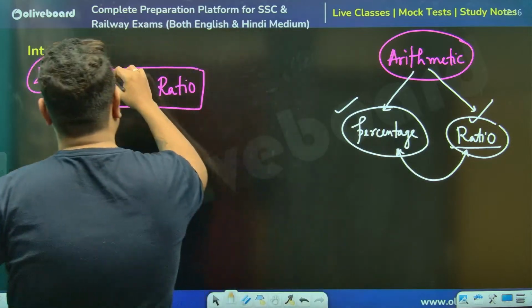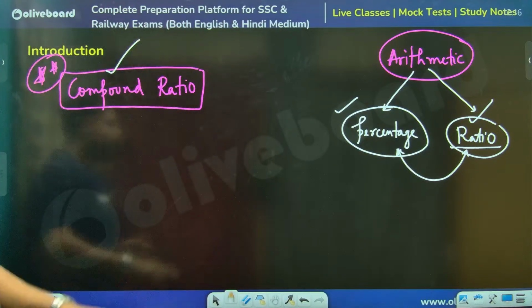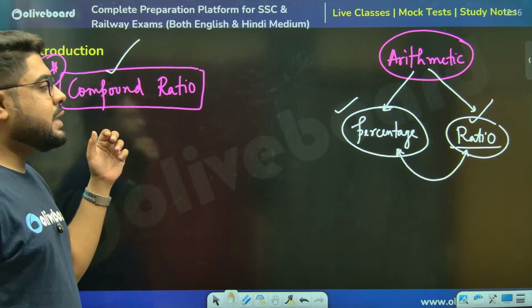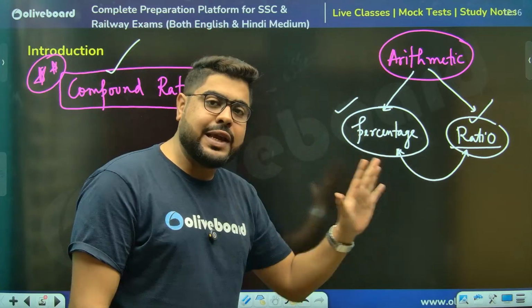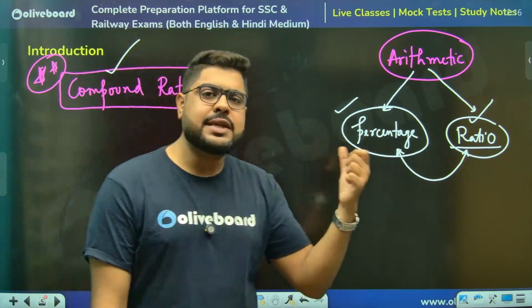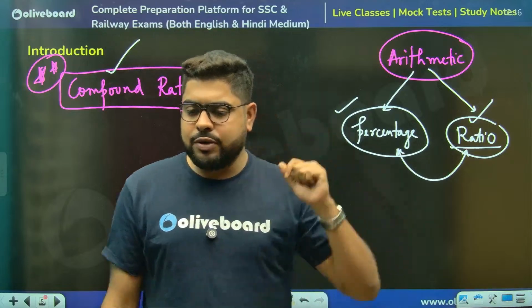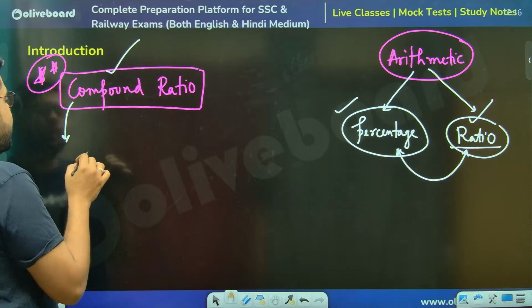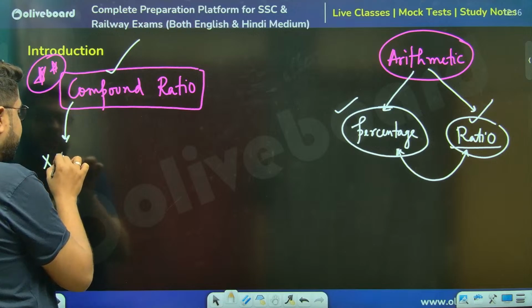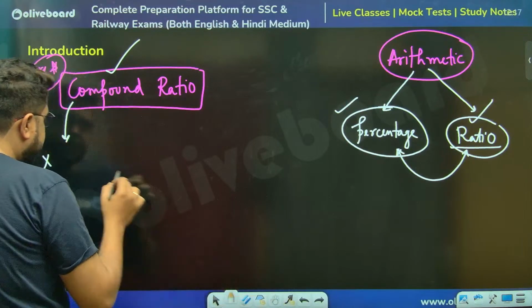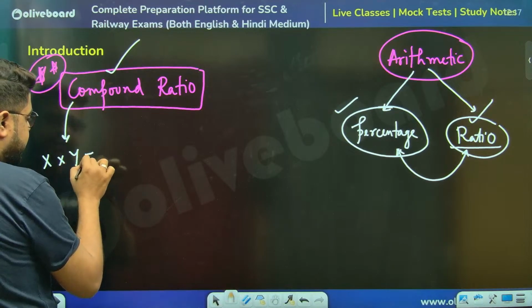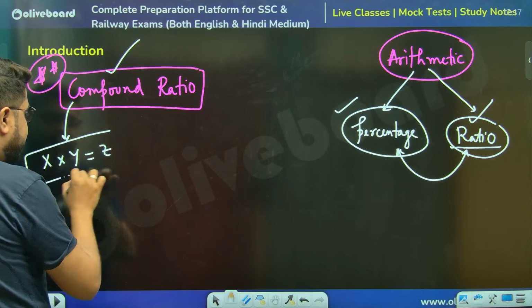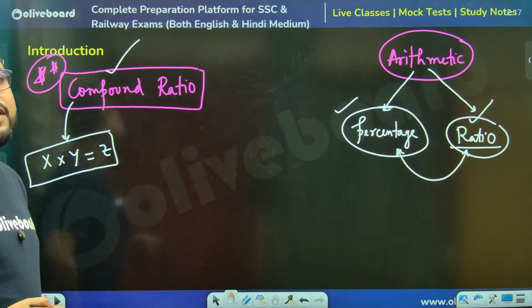That is why it's very important to learn the basics of ratios. Compound ratio, we are going to use this concept wherever there is a relation where one variable into another variable is equal to a third variable.